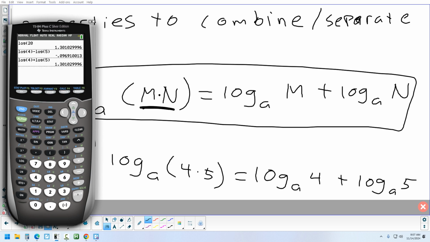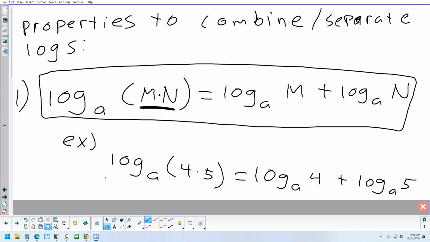Right, any two things that multiply to give you 20, if you split it up with that formula, it's going to come out the same. And now, I said here, the base can be anything. What base am I demonstrating it with on the calculator though? Yeah? Base 10. Right, I'm demonstrating it with base 10. I could have done base e. That's the only other one we would know right now, but it does work for any base. The key is just keep the base the same. Whatever you started with, that's what you split it up into.